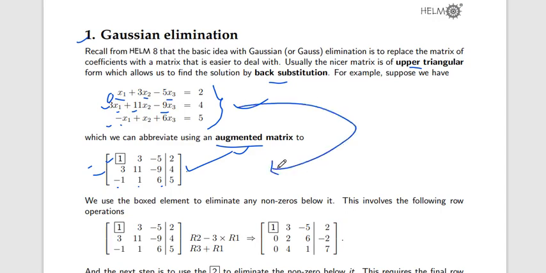Now, how do we transform this augmented matrix into upper triangular form? Simple, we already talked about this. What is an upper triangular matrix? It is a matrix in which the values below the diagonal are always 0. This is the diagonal: 1, 11 and 6, and below the diagonal all values should be 0.